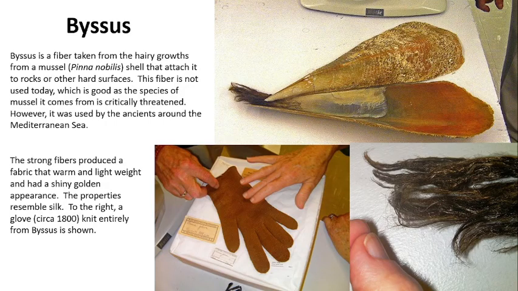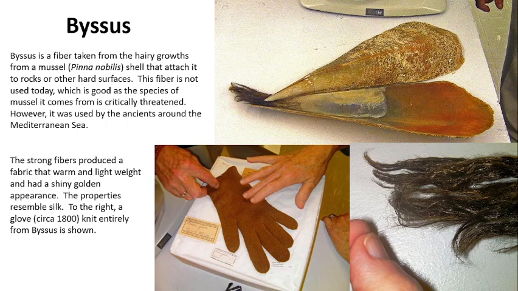The next one is not really seen anymore today, although it was never common. It was much more widely seen in the ancient world, and it's byssus. Byssus is a fiber made by mussel shells, those little clam shells.